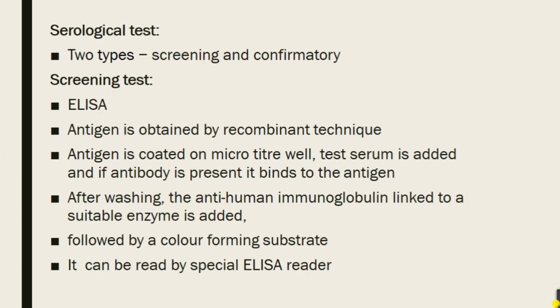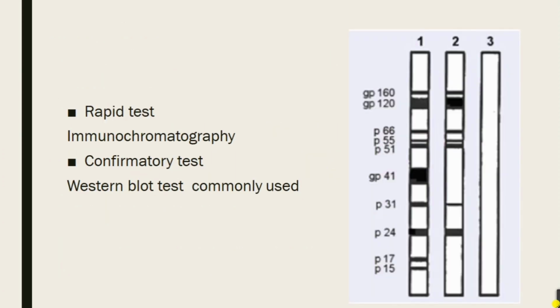This is subjected to washing, and after washing, anti-human immunoglobulin linked to a suitable enzyme is added, followed by a color forming substrate. At the end of the reaction, a stop solution is added and a colored end product forms, which can be read by a special ELISA reader.